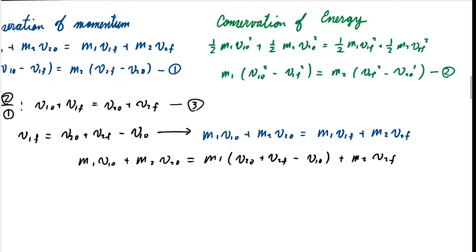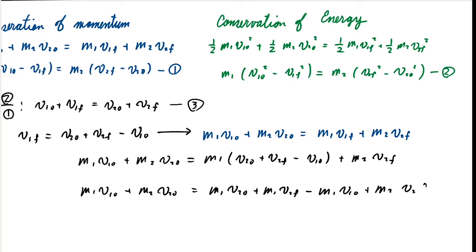Good. You see we can calculate V2 final now? Say yes. So M1 V1 plus M2 V2 is equal to M1 V2 original plus M1 V2 final minus M1 V1 original plus M2 V2 final.